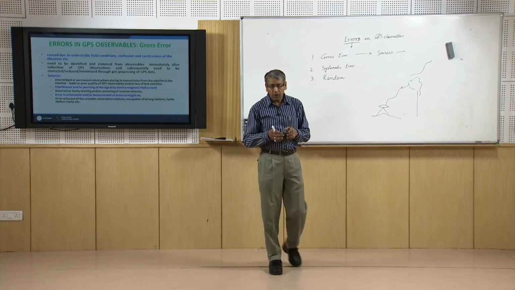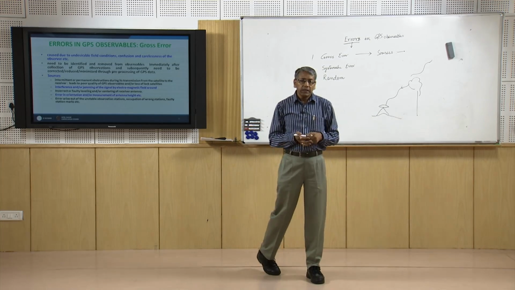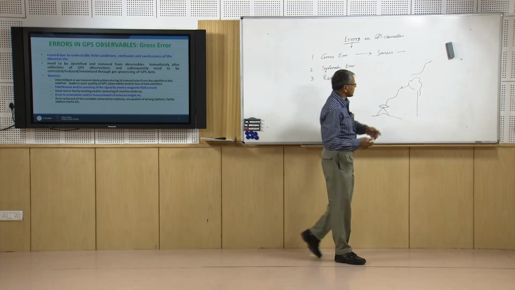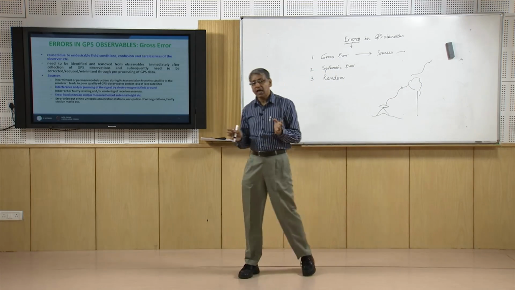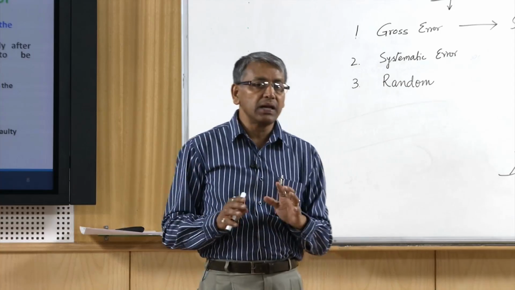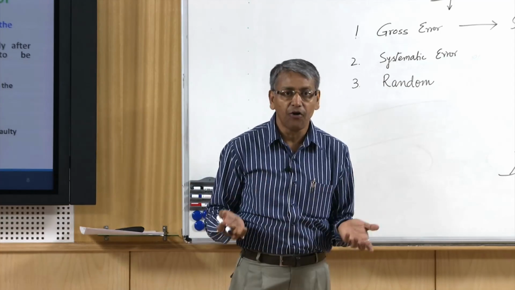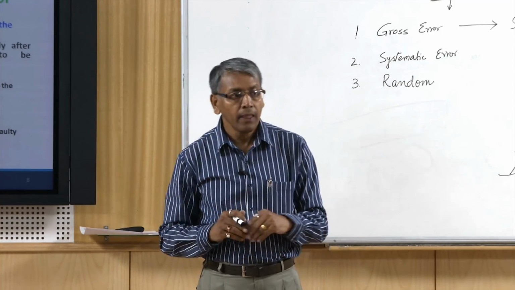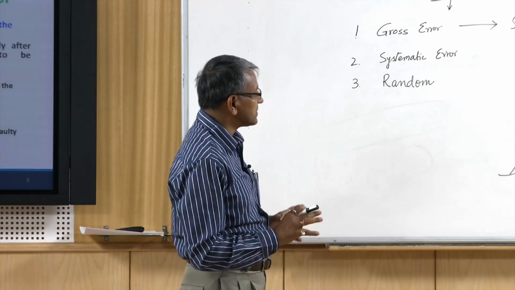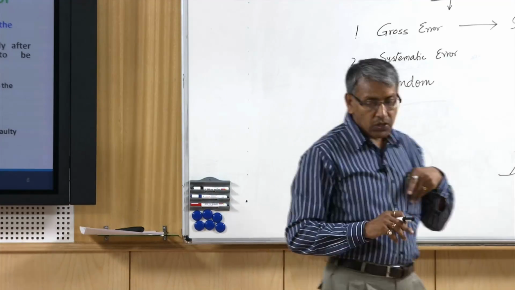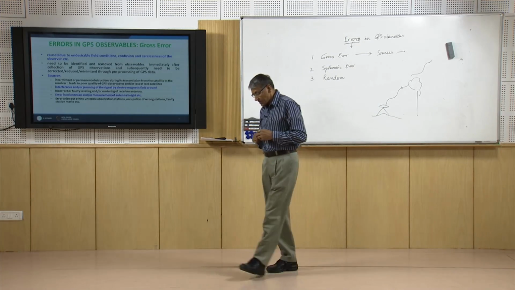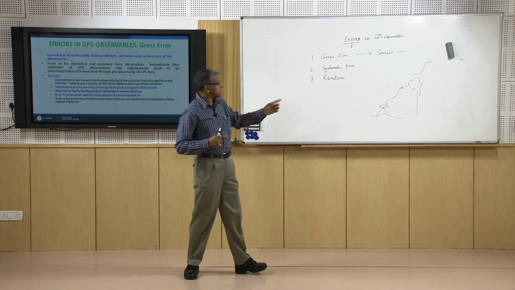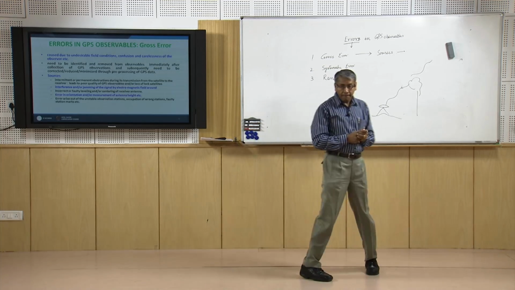Another important source is interference of the signal, because the GPS signal is electromagnetic in nature and there may be some electromagnetic fields, like a transformer, a high tension line, or ionospheric activity in the atmosphere. All those may cause some interference in the GPS signal, which may lead to some gross error.